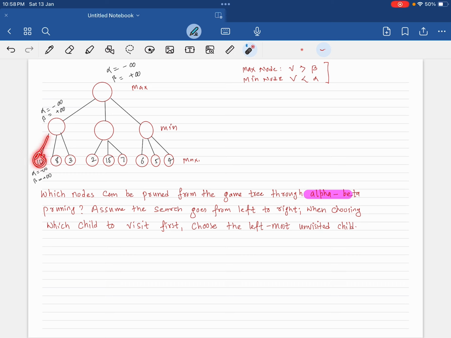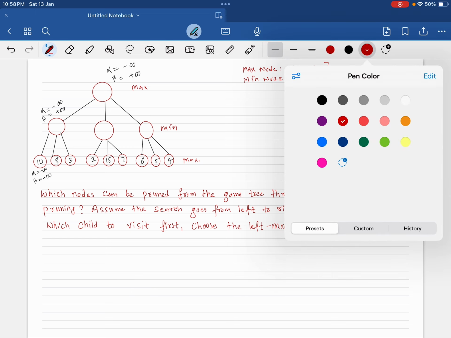If this condition is not getting satisfied, then we will traverse. Otherwise, if this condition is getting satisfied, then you will see what it means.